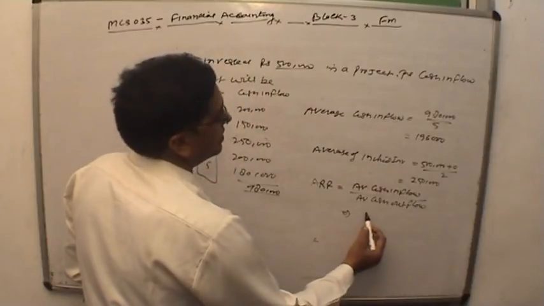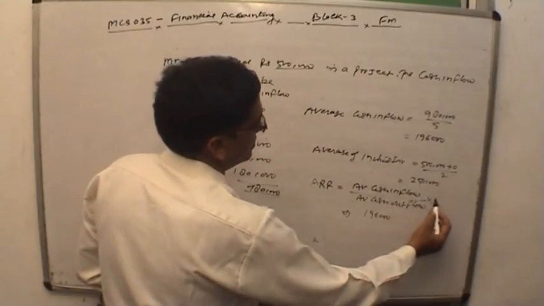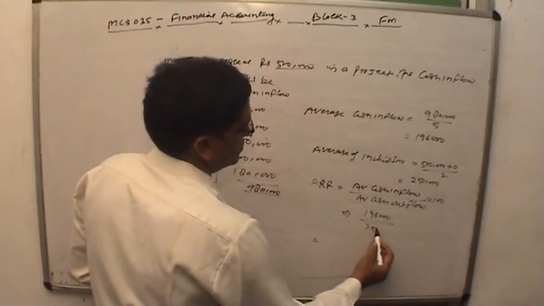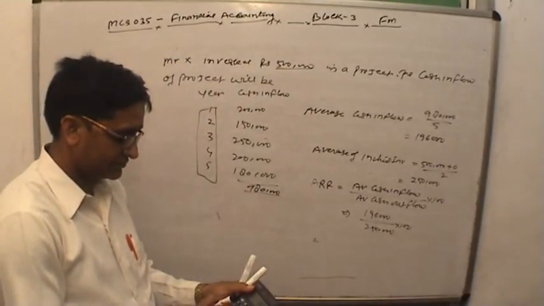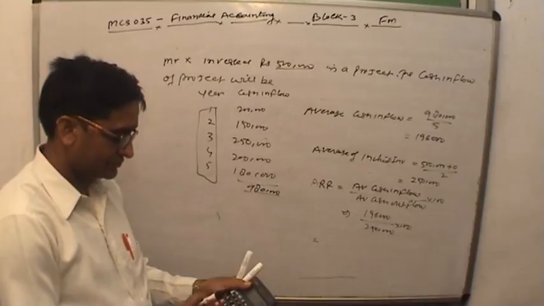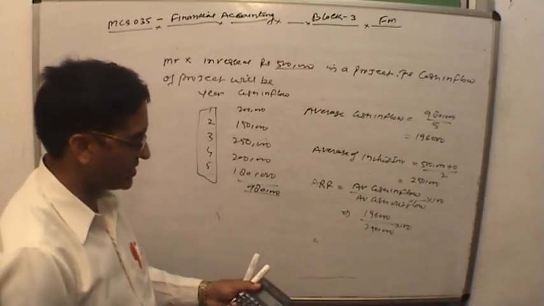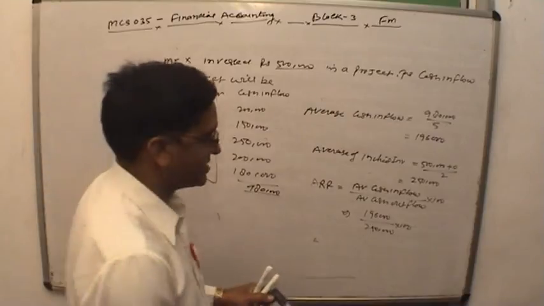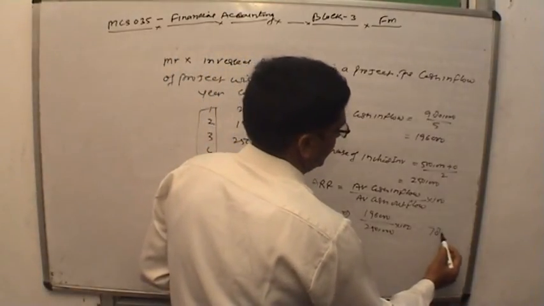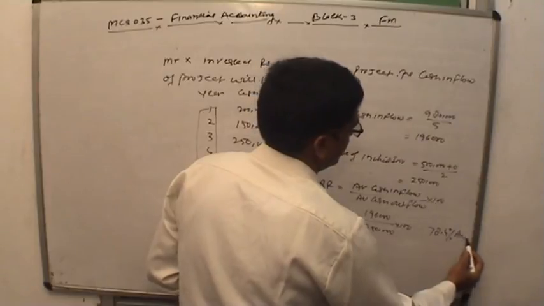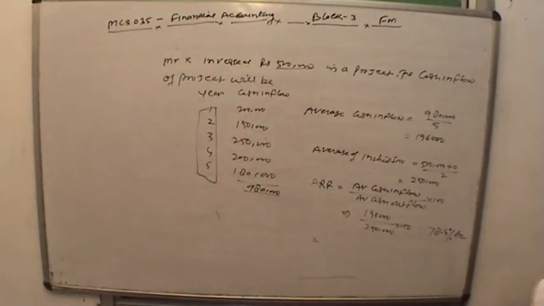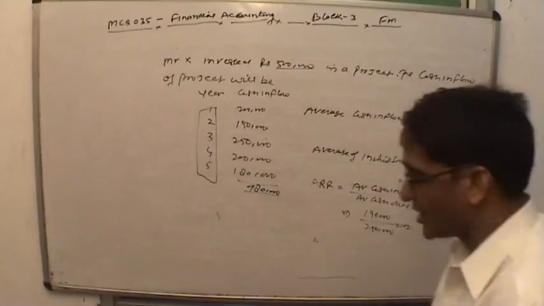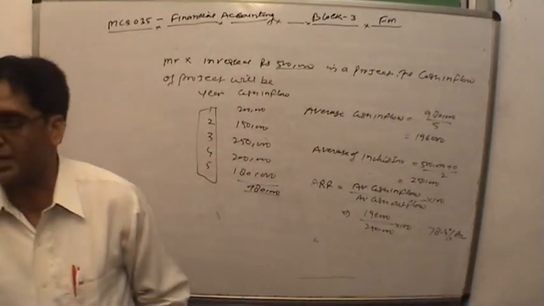This implies 1,96,000 upon 2,50,000 multiplied by 100, which is equal to 78.4%. 78.4% is your answer. So you have seen two methods, that is, the non-discounting methods, and now we are going to discuss discounting methods in practical.